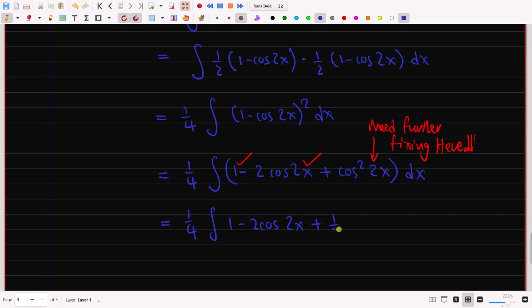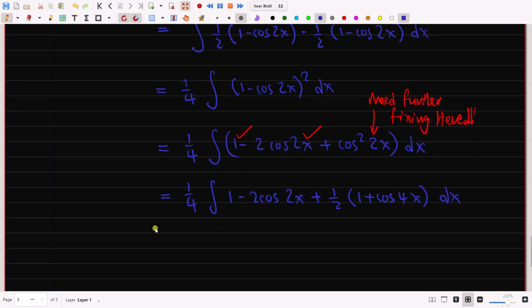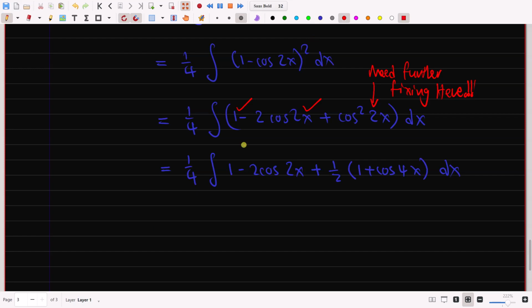This term and this term are like terms. You see that? So I add them together. And what does it give me? A quarter integral of 1 plus half, which gives 3 over 2, then minus 2 cos 2x, then plus half cos 4x, then all these dx.